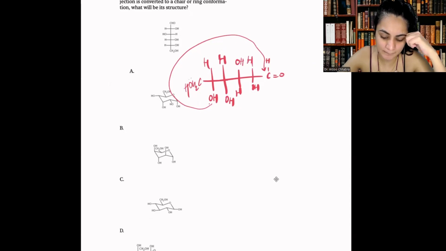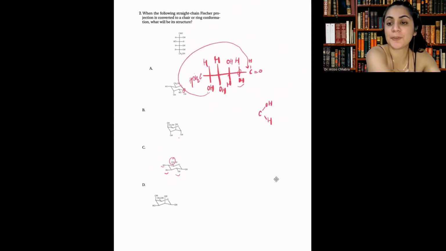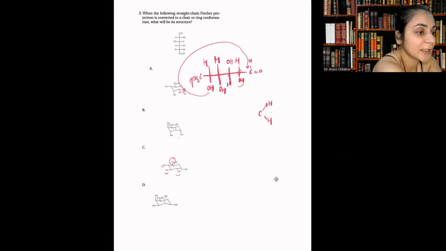And then in that case we would have COH and H, of course, that can go above and below. And then that would be this carbon. For the second carbon, we have OH pointing down. The third carbon has OH pointing up. Down, up, and then down, and then CH2OH. So option C looks like the correct answer for this problem.